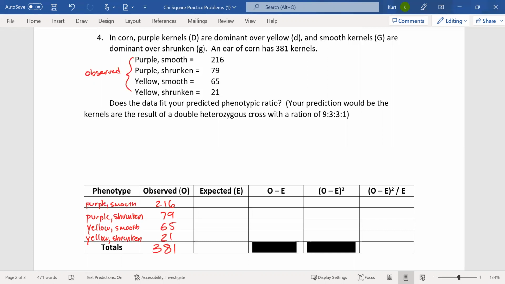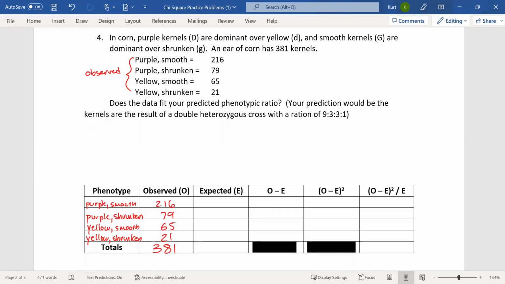Now, there's a couple ways that you guys can find the expected. I'm going to show you both ways. First way, your prediction would be the kernels are the result of a double heterozygous cross with a ratio of 9 to 3 to 3 to 1. What is 9 plus 3 plus 3 plus 1? 16.